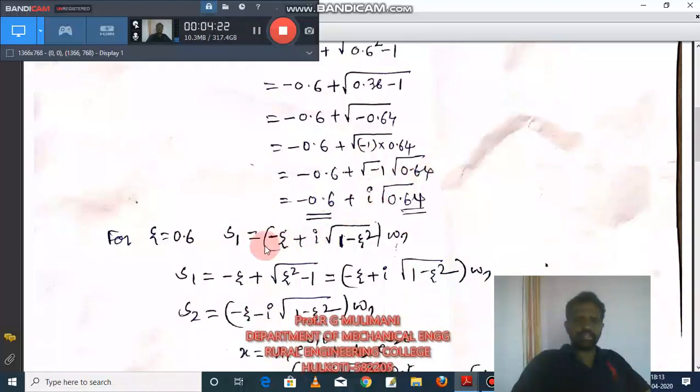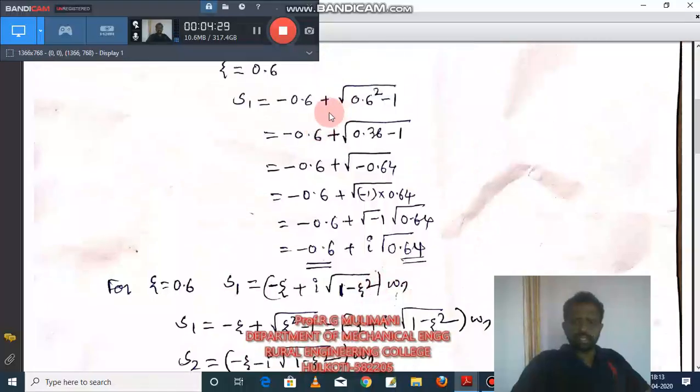See here, 0.6 square minus 1 is minus 0.64. The minus is taken outside, and square root of minus 1 is nothing but i. So what remains is 0.64, which is nothing but 1 minus zeta square, a positive value.